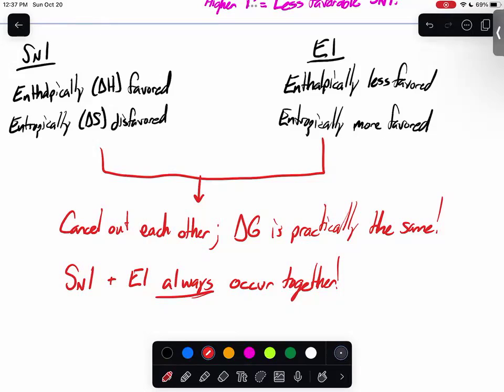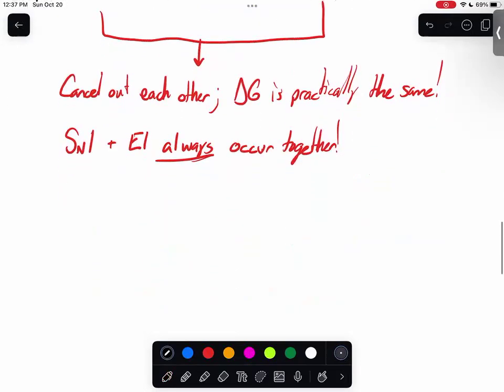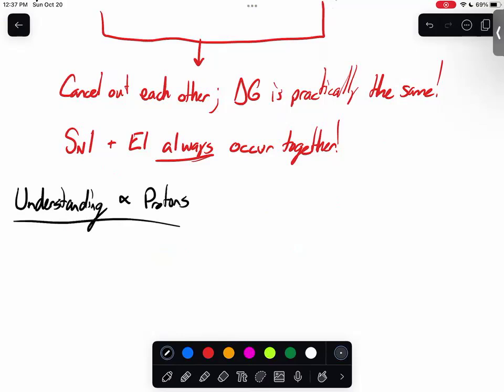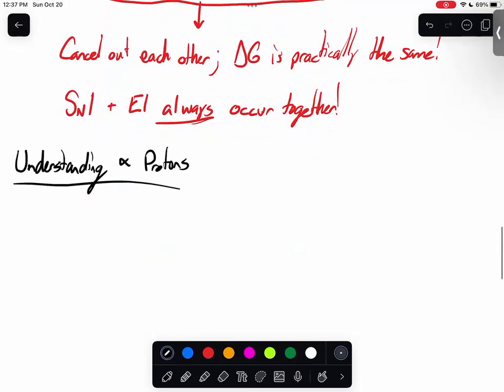And the way that we need to do this is we first need to understand what these eliminations are actually doing. And to do so, we need to understand alpha protons. Because notice that whenever we looked at that second step, I have always been choosing that when the methanol comes in and grabs a proton, it's grabbing this one over here, right?